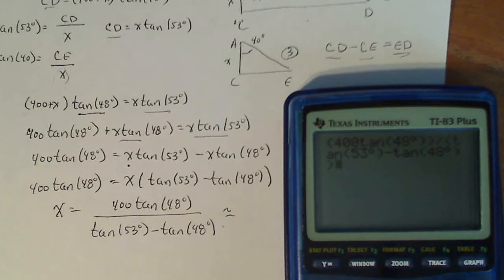Make sure that's got our parentheses right. So I have a parenthesis around the top, I have big parentheses around the bottom, and parentheses to close out my input. That should give me a number.